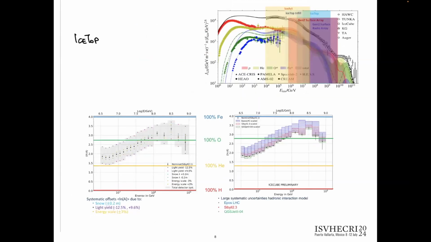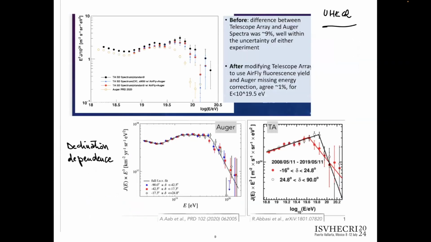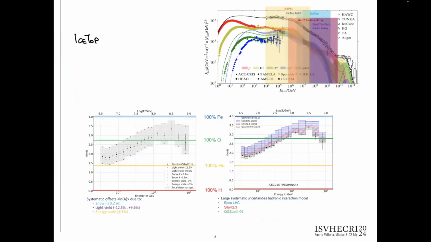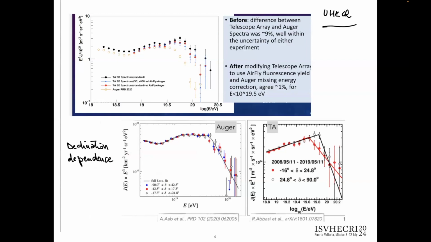Yes, this is the composition slide. At the highest energies, we have, as you know, two experiments. You see on the top the two energy spectra of Telescope Array and Auger. The systematic uncertainty in the lowest energy part, below 10^19.5, was in the past around 9%.